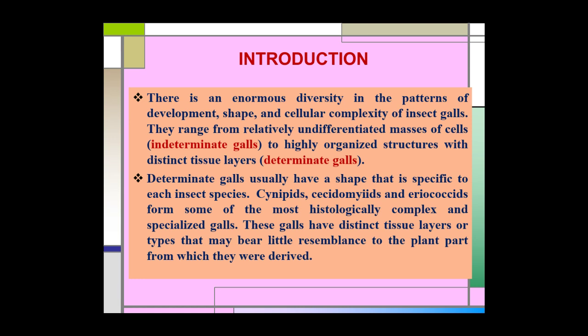The determinate galls usually have a shape that is specific to each insect species. Cynipids, cecidomyiids, and eriococcids form some of the most histologically complex and specialized galls. These galls have distinct tissue layers or types that may bear little resemblance to the plant part from which they were derived.